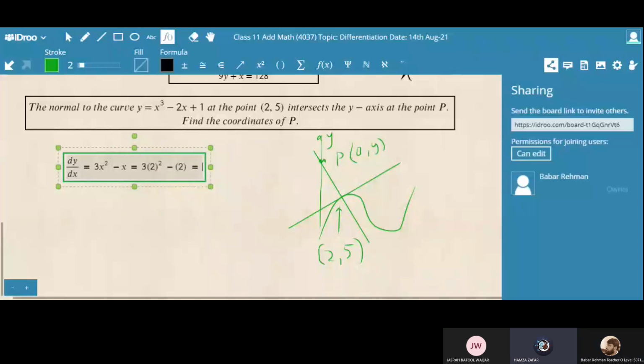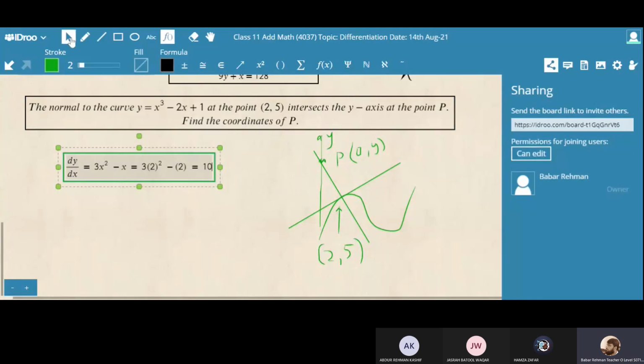Sir, won't it be 3x square minus 2, not x? It will be 2 after the gradient, because the power of x is 1, and 1 minus 1 is 0. That is why I have not written 2x. Okay.